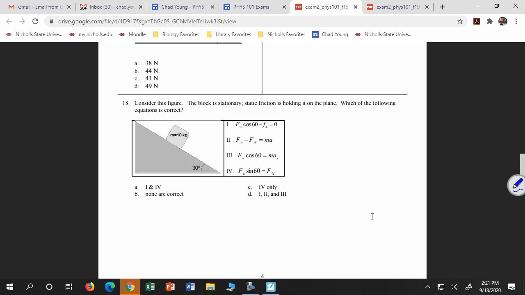Let's do like we did before. I'm going to draw my coordinate system like that. And then I'm just going to draw my vectors on it. They're really just doing step 1. I have my normal force here, Fn. I have static friction. It says that static friction is holding it on the plane.